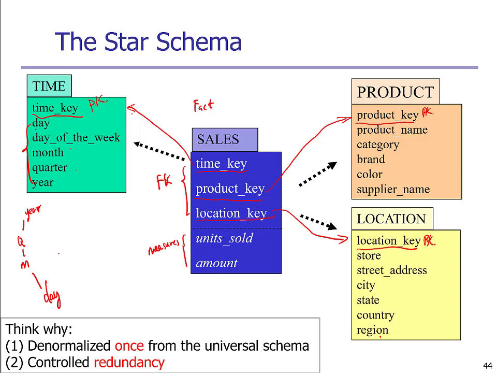Okay. And also there is another hierarchy, day of the week. And if we consider the all level, it should be here, although all will not be in this dimension table.